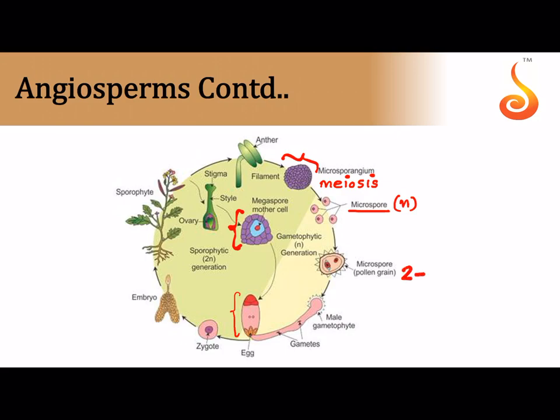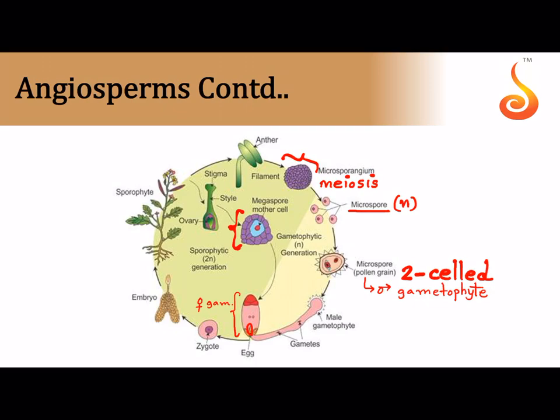The haploid microspore develops into 2-celled pollen grain, which, I told you, is a reduced male gametophyte. See how it is reaching the ovule. The embryo sac, I told you, is the female gametophyte.